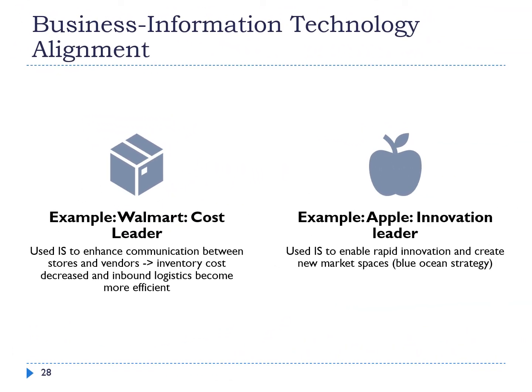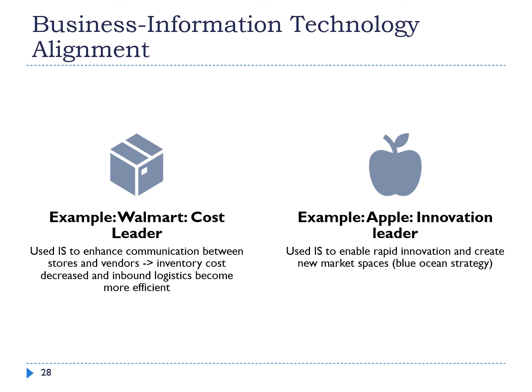For example, Walmart's main strategy is to become the cost leader in the market. So, Walmart used information systems to enhance communication between stores and vendors. By doing so, their inventory costs decreased and inbound logistics became more efficient.